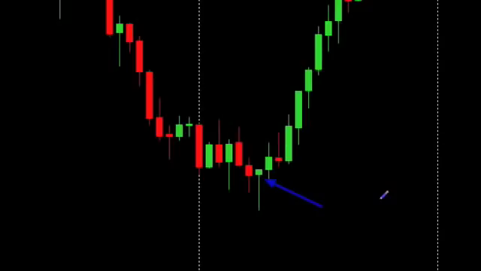Now what's happening with a hammer is the bears are in control. They drive the price down, and then the bulls regain strength. They drive price back up, and then they close at either higher than the open or lower than the open. The candlestick formation actually follows what looks like a hammer.